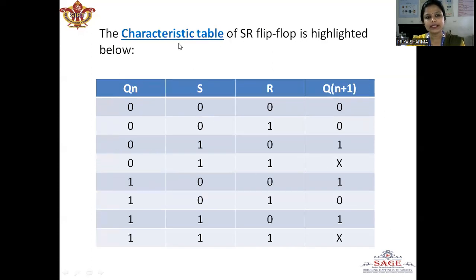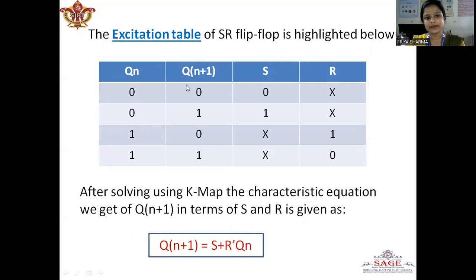Coming to the characteristic table, which is derived from the truth table of the SR flip-flop, having the inputs present output, S and R, and the output is taken as the future output Qn plus 1. These are the possible combinations and the output comes out to be like this. Then from the characteristic table, we derive the excitation table, having the inputs as present output, future output, and the outputs S and R. This is the main table for each flip-flop.